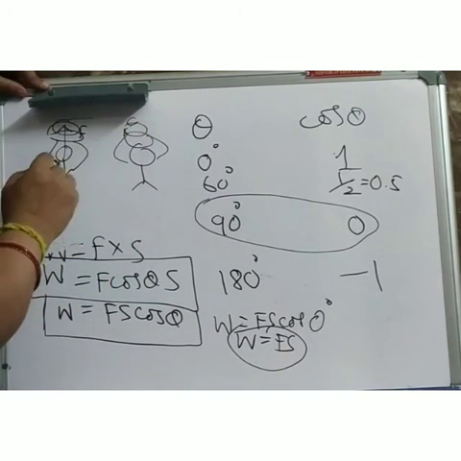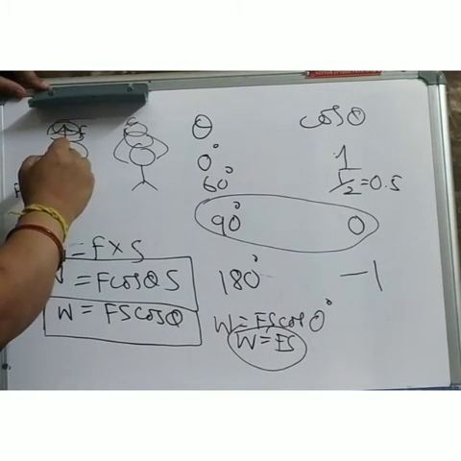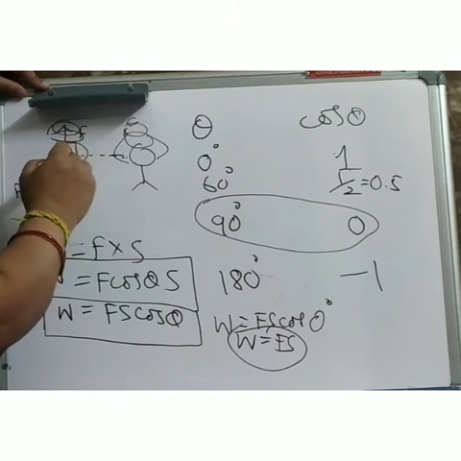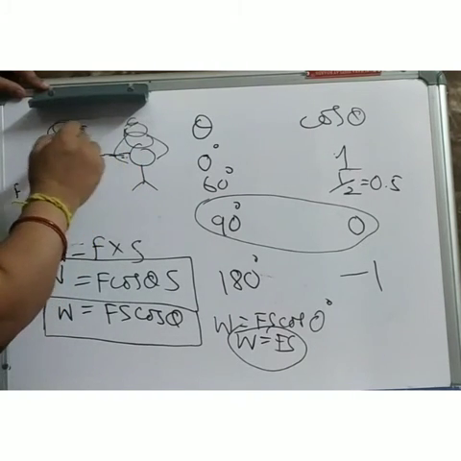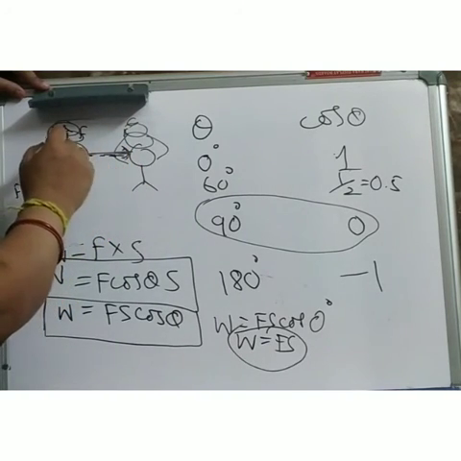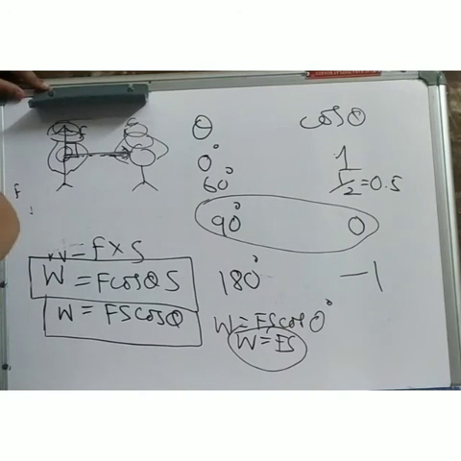See what is happening. Force is applied in this direction, but luggage is moving like this. So it is 90 degree. The displacement of the luggage is not in the direction of the force. So that's why it is now 0. And mathematically we have just proved that W is equal to 0. Hope I am clear with this.